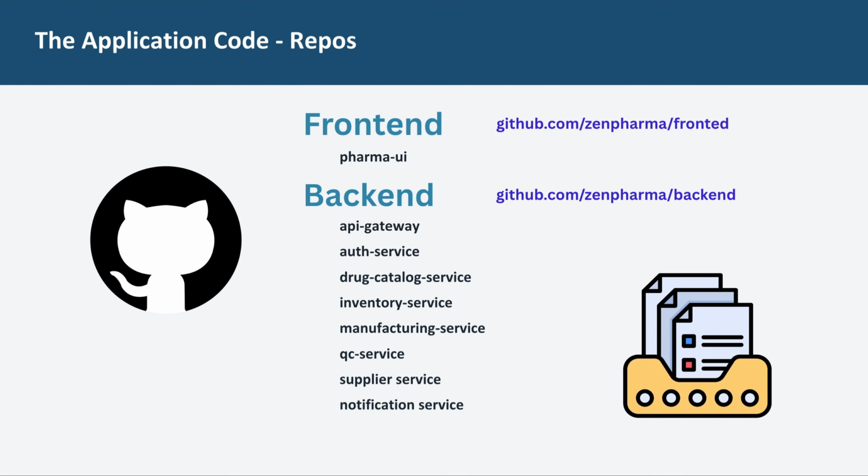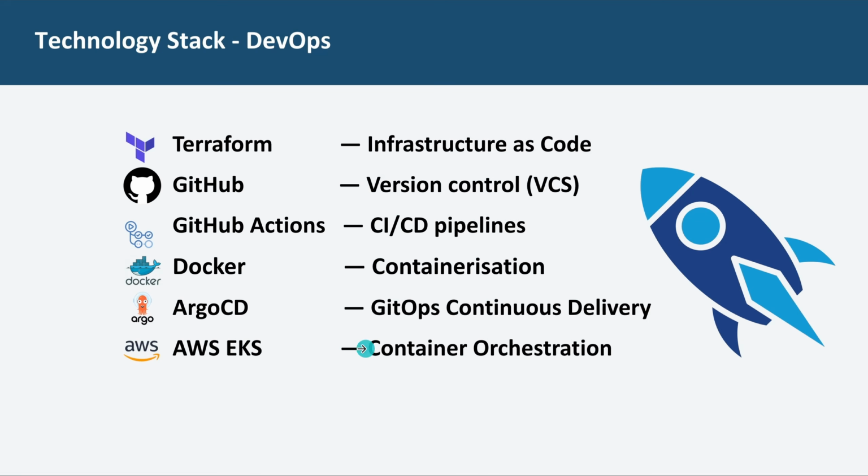Next thing, DevOps tools list. We are using Terraform as infrastructure as code. We will provision each and every AWS resource through Terraform. Then GitHub as version control system, we just saw the source code. Then GitHub Actions for CI/CD pipelines. We are yet to create this one, even the Terraform code as well.